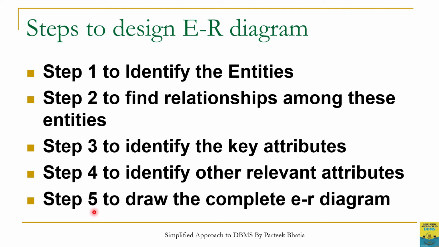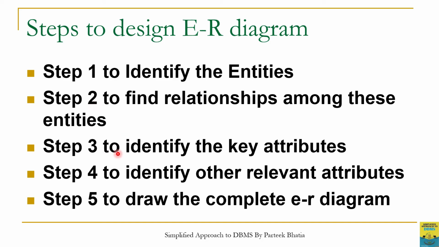So you can see there are 5 important steps to design an ER model for any given set of requirements. The first step is to identify the entities given in the requirements. After identifying the entities, we have to find out the relationship among these entities, and this is performed in step 2.